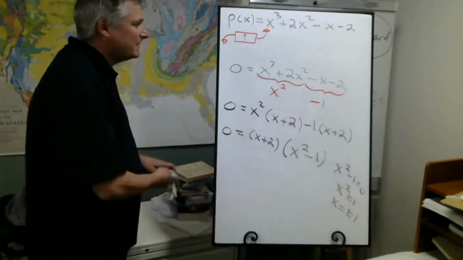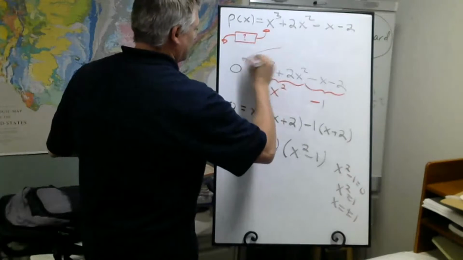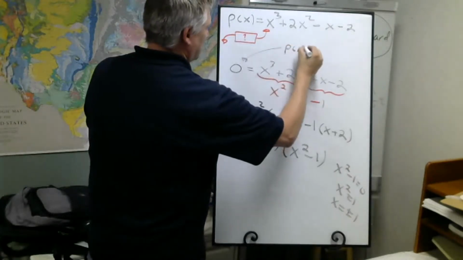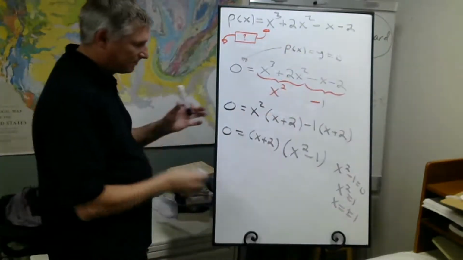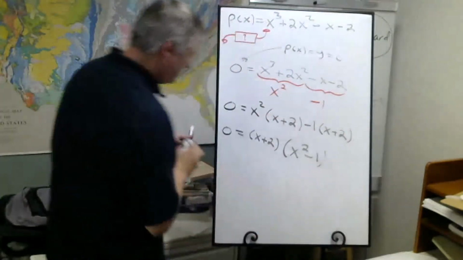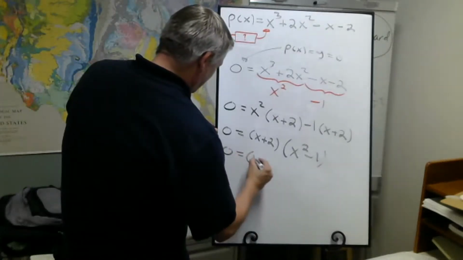Now remember, when we're finding the x-intercept, we've let the y be 0. So what this means, we'll get this.